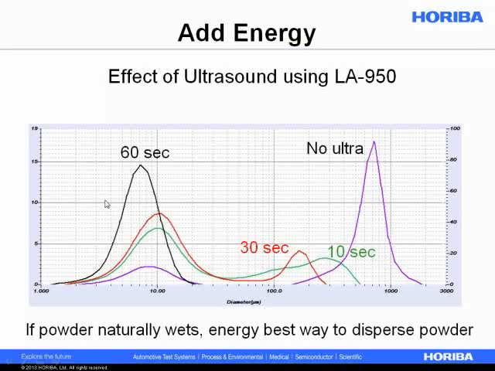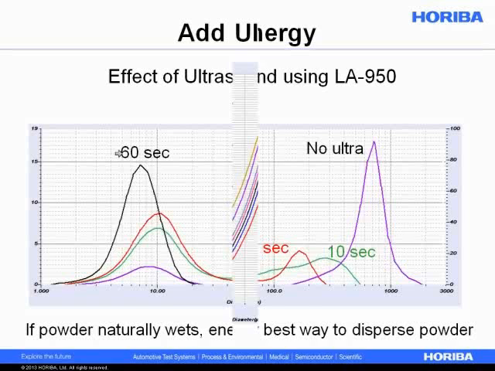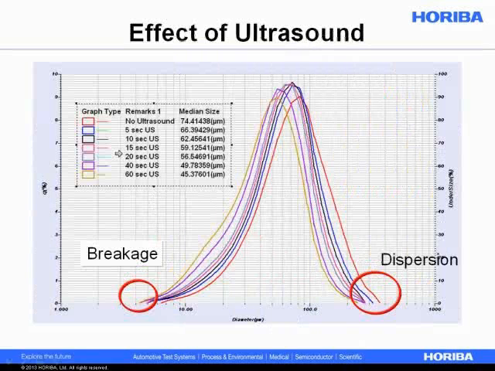But how much energy we use is very important, because we don't want to break individual particles. And in order to understand, am I dispersing a sample or breaking particles, sometimes what I can do is overplot measurements without ultrasound, and then maybe add increments of 5 or 10 seconds of ultrasound.